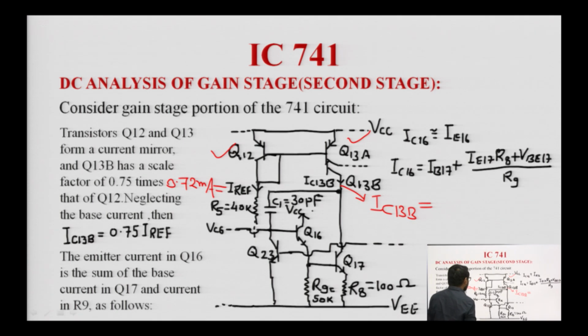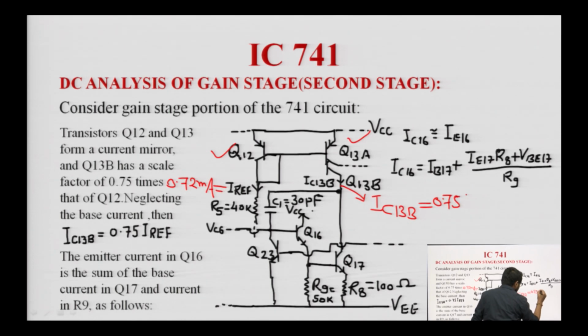And we know the relationship between the collector current of Q13 and the collector current of Q12, which is approximately I reference, and this will be equal to 0.75 I reference.